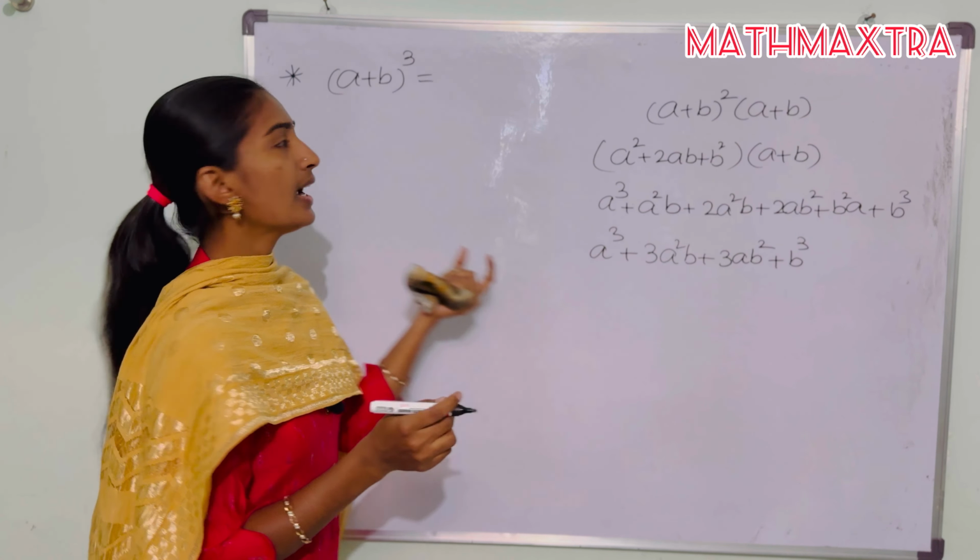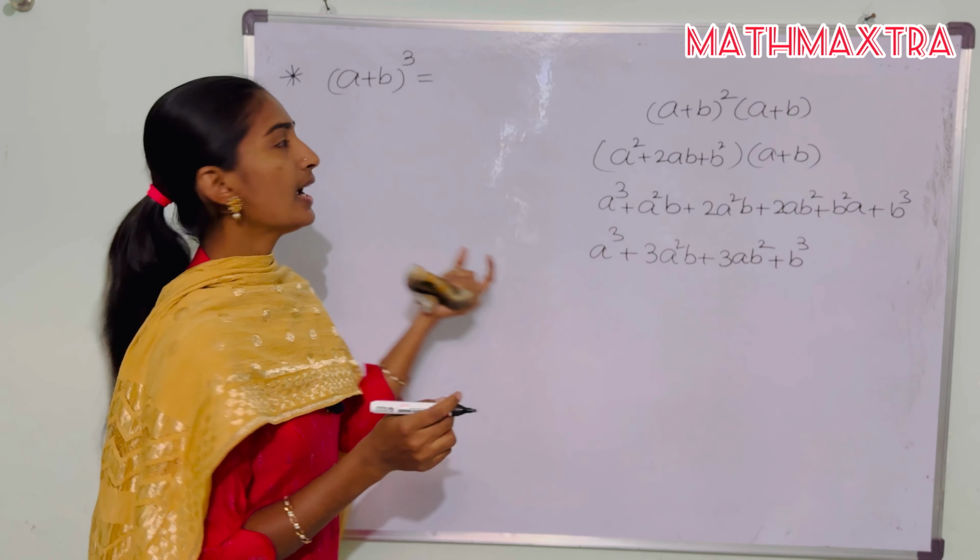And from this identity, you can write a cube plus b cube. Okay. So how can we write a cube plus b cube, which is equal to, if you take these two terms this side, what happens? A plus b whole cube and this minus 3a square b minus 3ab square.